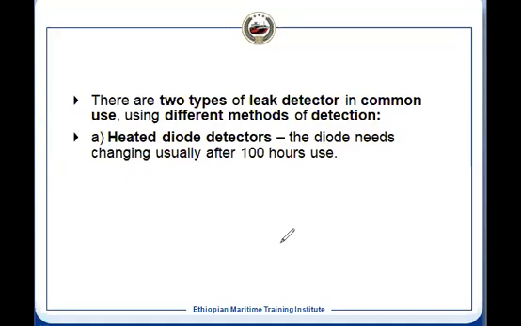If there is any refrigerant, it has a change in resistance, and then the current flow through that will be changed, and how much it has changed can be calibrated to how much concentration of this refrigerant is in the sample. It means if there is any leakage, there will be a change, because that gets burned at that temperature, and it will change the resistance, and the current flow will be changed.